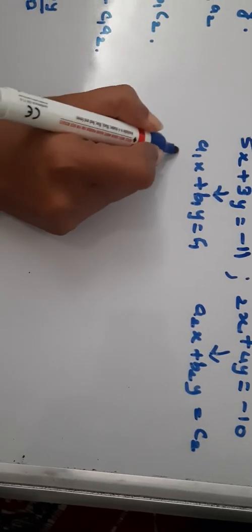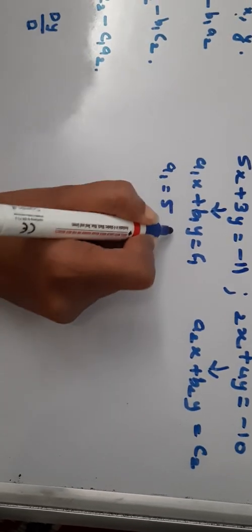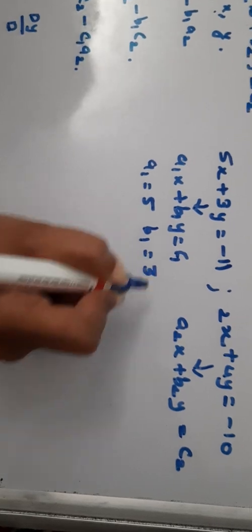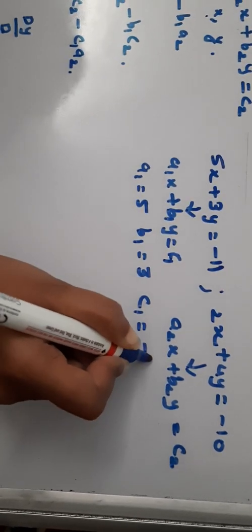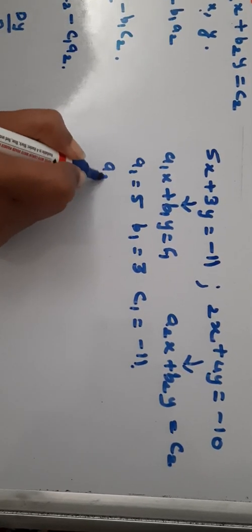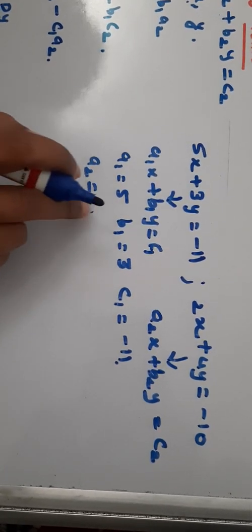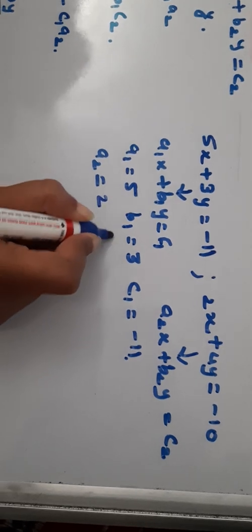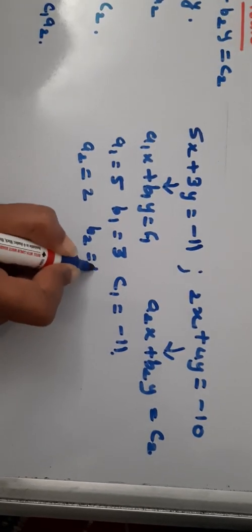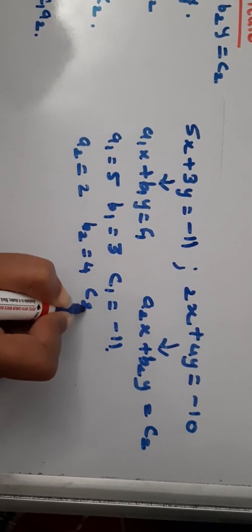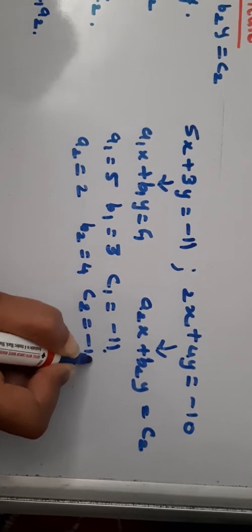So here a1 is equal to 5, b1 equal to 3, c1 is equal to minus 11, a2 is equal to 2, b2 is equal to 4, and c2 is equal to minus 10.